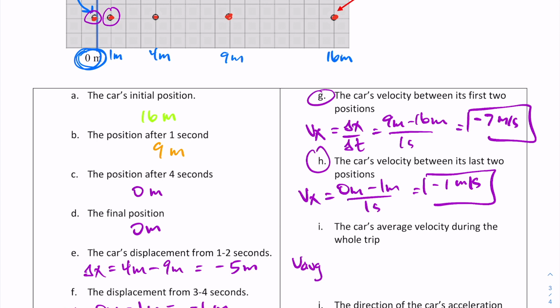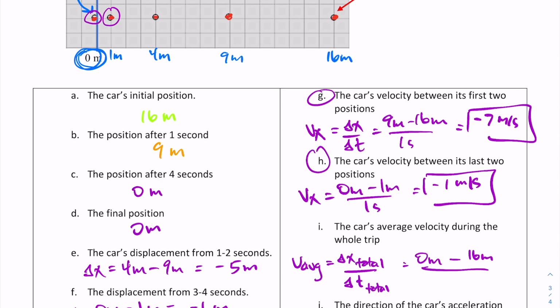Average velocity in the whole trip is going to be the delta x total, right? The total displacement divided by the total time. So during the whole trip, the car ends at a position of 0 meters, and it begins at a position of 16 meters.